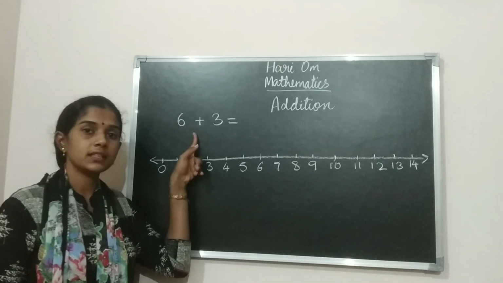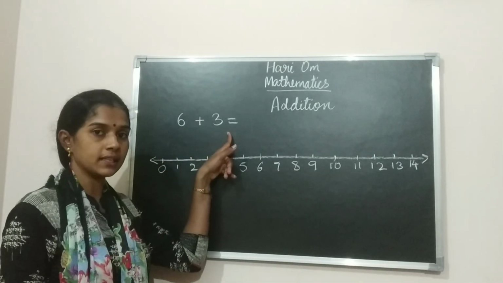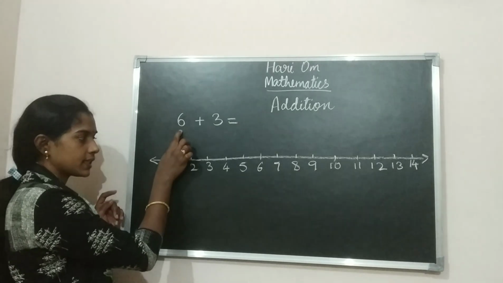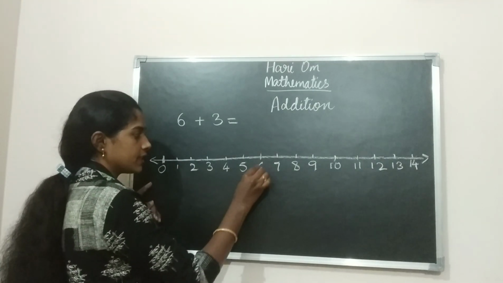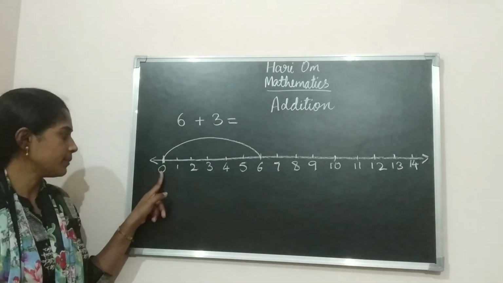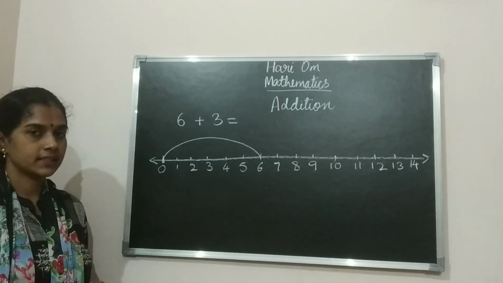So here the numbers are 6 plus 3. We begin from 0. What is the first number? 6. Where is 6? Here. So we are going to jump from 0 to 6.